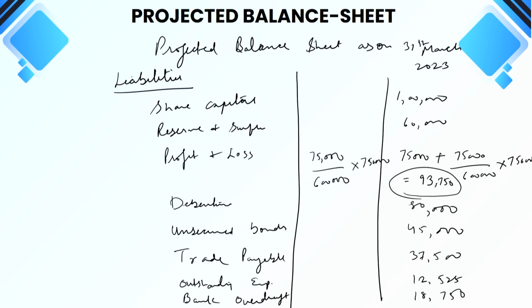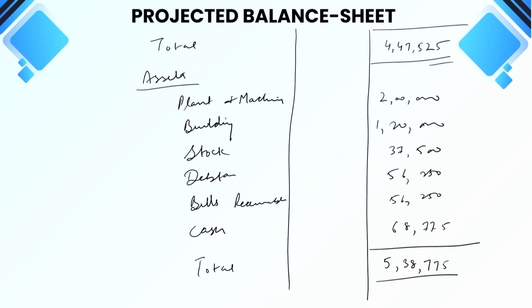Now, if I put this 91,250 rupees here, I will get the same amount of 5,38,775 as a total of my liabilities, which is equal to the total of my assets.